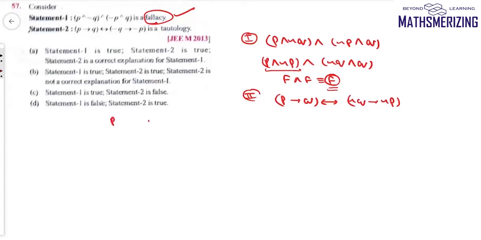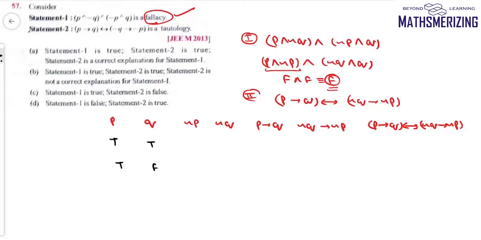So this is P, Q, not P, not Q. P implies Q, not Q implies not P, and then P implies Q if and only if not Q implies not P. So here will be true, true, true, false, false, true, and false, false. Not P is false, false, true, true, and not Q is false, true, false, true.